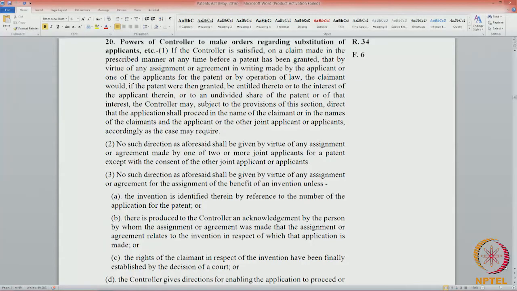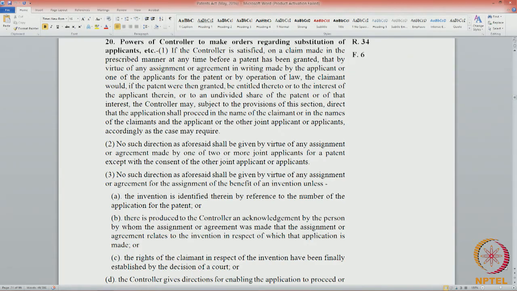Now, when he is entitled to the invention itself or to a share in the invention, then the controller shall proceed as if the claimant has become an applicant. The controller shall proceed with the claimant now shown as the applicant. So, the word claimant is used here so that we do not get confused with the old applicant and the new applicant.